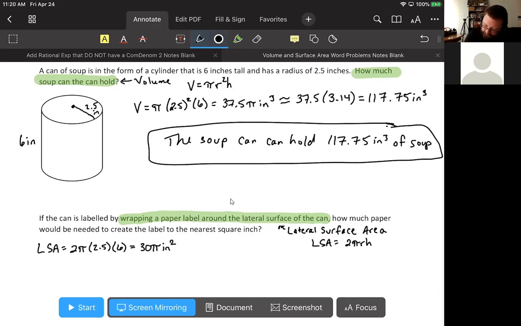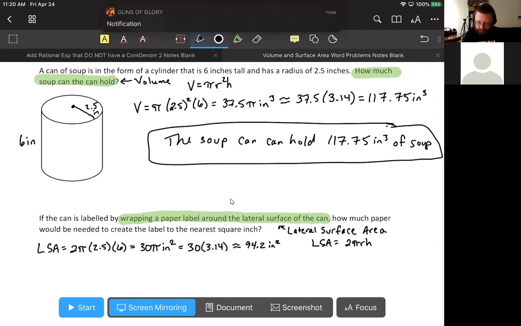But it does tell us how to round, so we're going to go ahead and plug in 3.14 to get an approximate answer. That is 94.2 square inches.